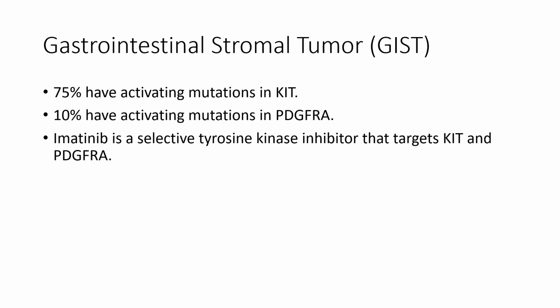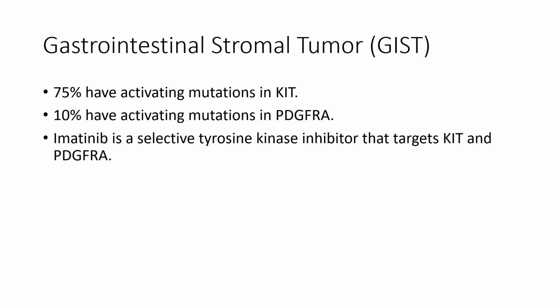75% of GISTs have activating mutations in the receptor tyrosine kinase KIT. Another 10% have activating mutations in PDGFRA or platelet-derived growth factor receptor alpha, which is also a receptor tyrosine kinase. Mutations of KIT and PDGFRA are mutually exclusive, which means that the tumor has either constitutive activation of KIT or PDGFRA.